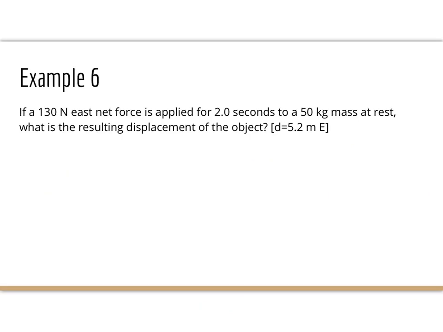Example 6: if a 130 Newton east force is applied for 2 seconds to a 50 kilogram mass at rest, what is the resulting displacement of this object? So we only have one force being considered. Okay, so 130 newtons. So that is our F net. F net equals the mass times acceleration.